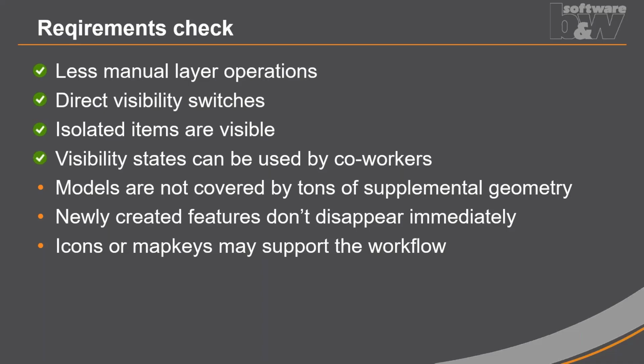If everybody in the company knows about these mechanisms, well, you can exchange parts, no problem. Retrieving models, I don't see supplemental geometry, anything else of it. It's just geometry in here. I see the newly created features. And for my personal convenience, I created a few icons and map keys to support my workflows. So a lot of green check marks in here for this.